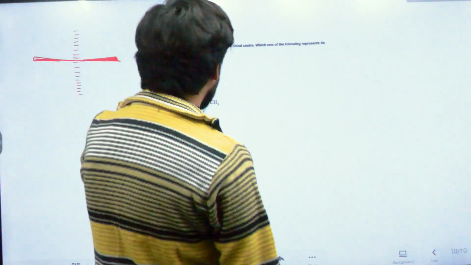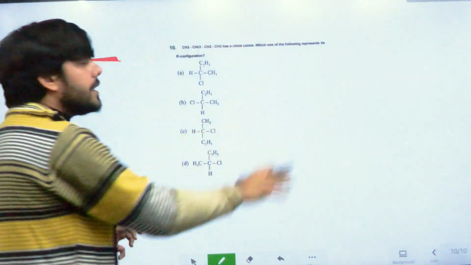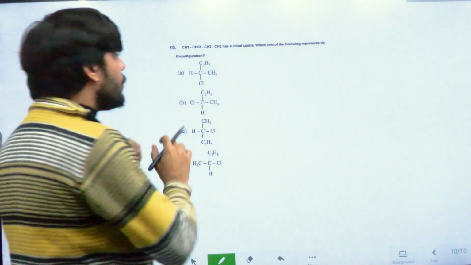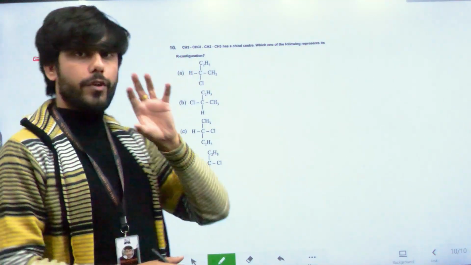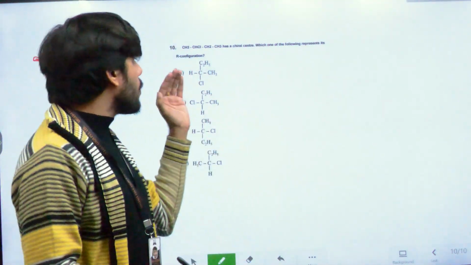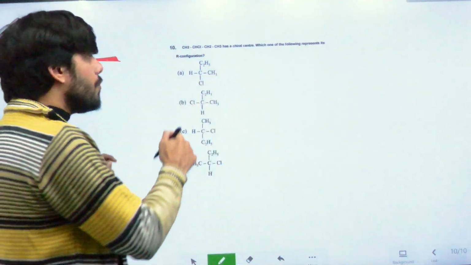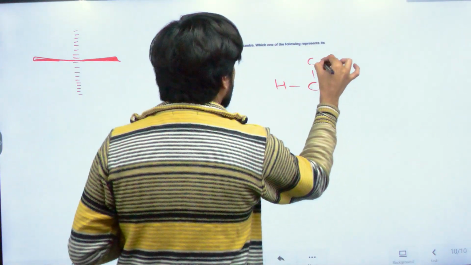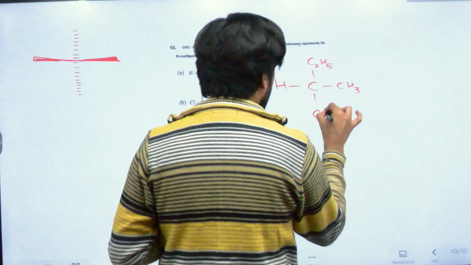Now, let us see. In order to write the configuration, we need to look for the priority order. The priority order of the four groups is in accordance with the atomic mass or atomic weight. So in the first molecule, this is my first representation.